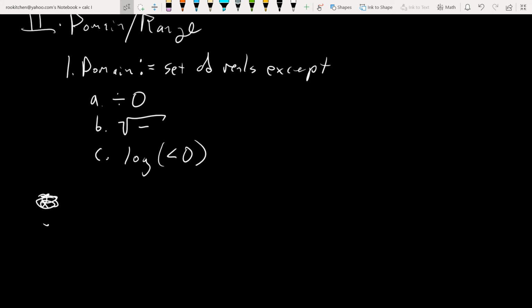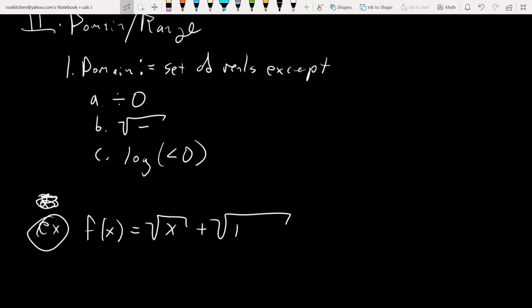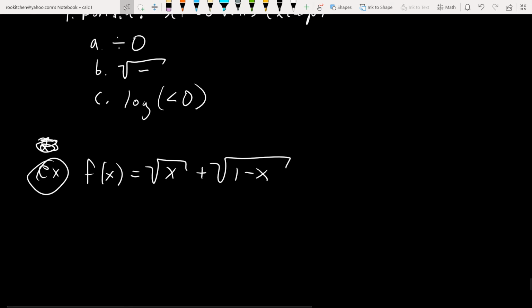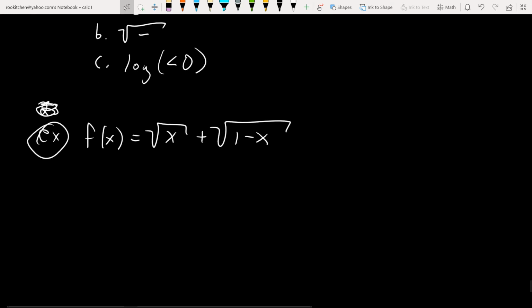Let's look at an example from the old book. f of x is the square root of x plus the square root of 1 minus x. This one's a little more complicated. First off, from the square root of x, we need to make sure that x is greater than or equal to 0.